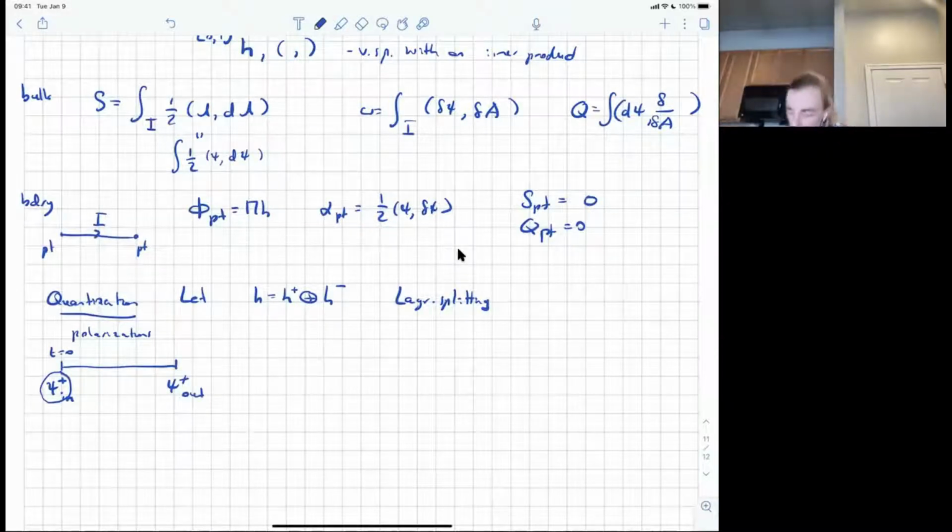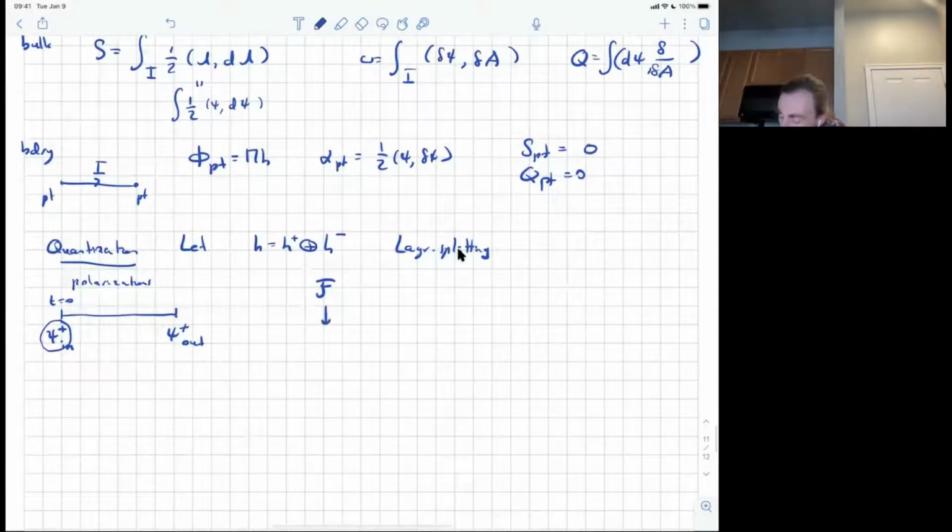It's analogous to, in classical mechanics, you could consider a problem where you fix initial and final coordinates, or initial momentum and final momentum. So then my space of bulk fields is fibered: it projects to the phase space for initial time and the phase space for the final time.